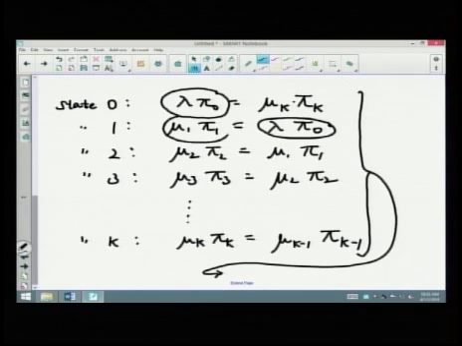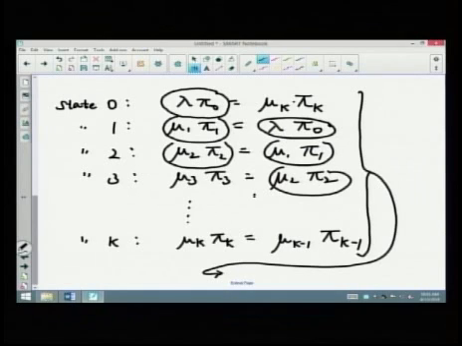Again, this is the same as this. This is the same as this. All the way. Okay? So what you can draw from this system of linear equations is pi I is equal to what?